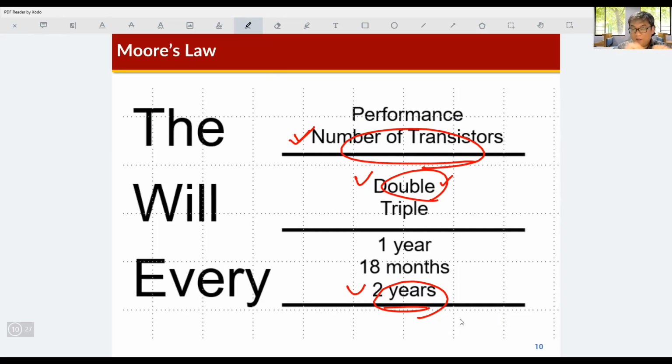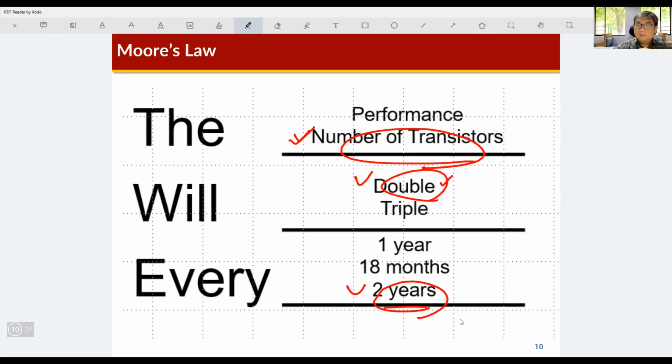And when they design the new generation CPU, they try to track Moore's law, like the number of transistors in the CPU can double in 2 years. So when we compare the number of transistors in the CPU chip, this is a new CPU, that's a CPU from 2 years ago, then the number of transistors doubles for this new CPU. That is Moore's law.